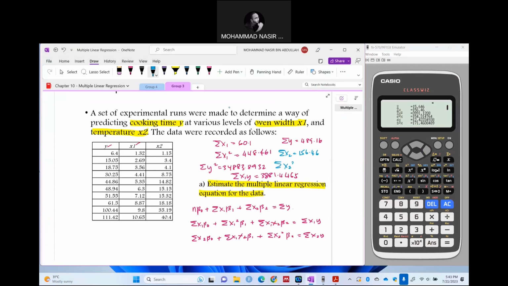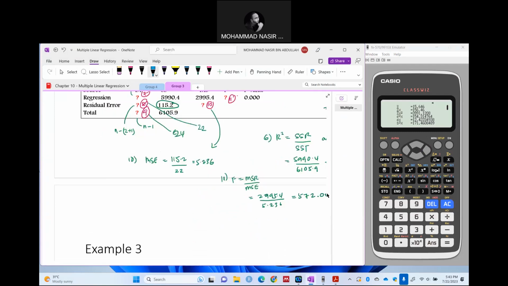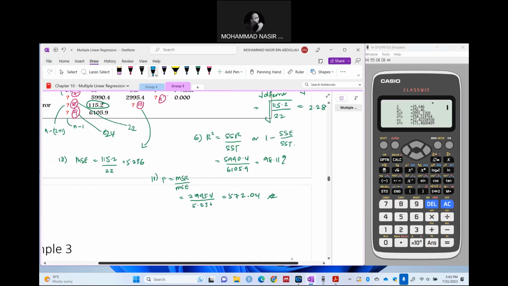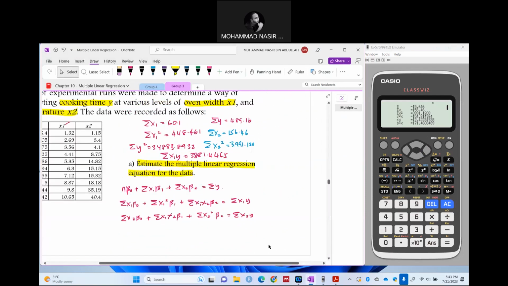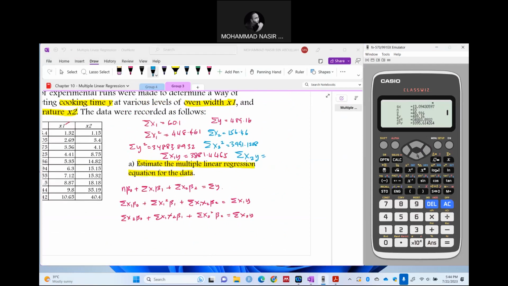Summation of x2 square is 3991.120. And summation of x2y is 11750.0263.